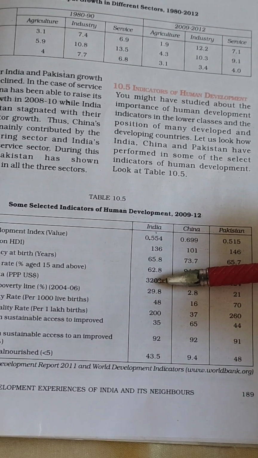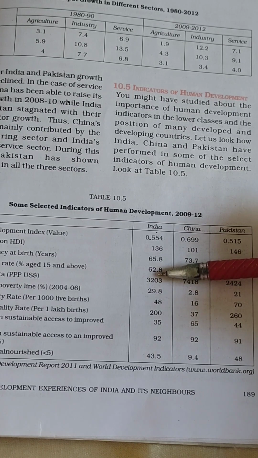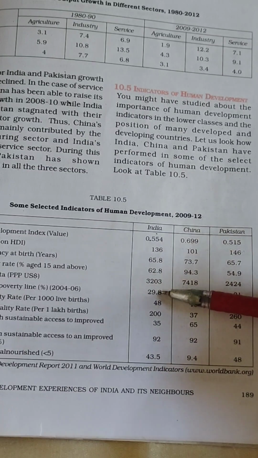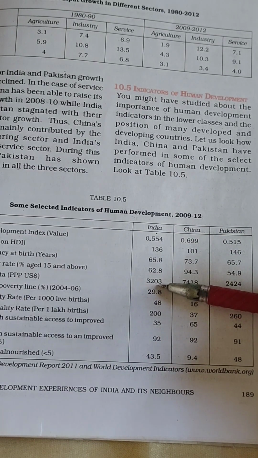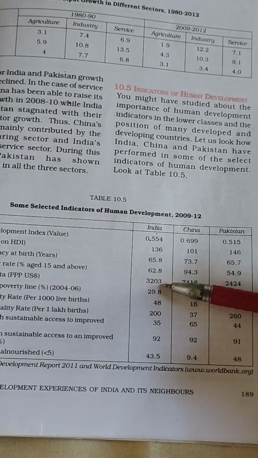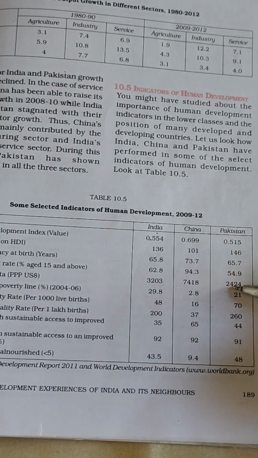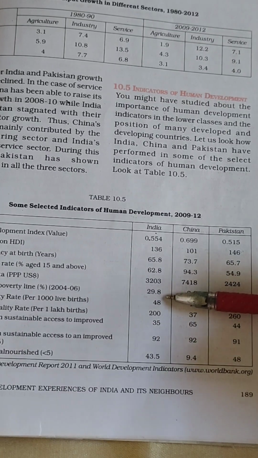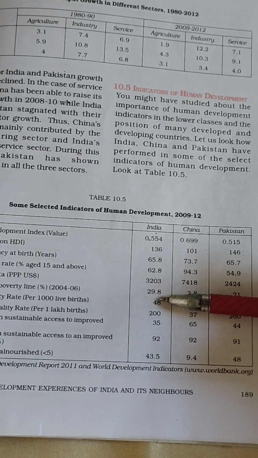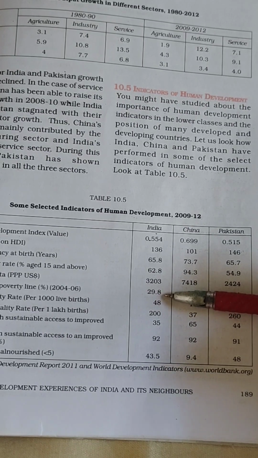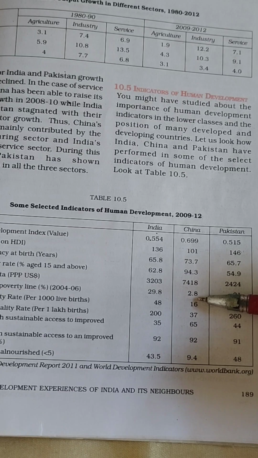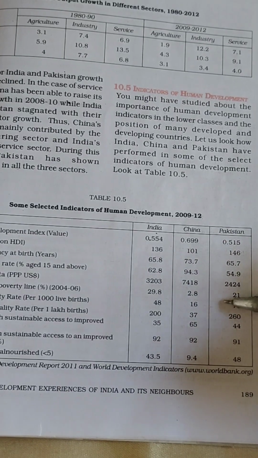Then GDP per capita, PPP, that is purchasing power parity in terms of US dollars, is 3,203 in India. In China, it is 7,418. And in Pakistan, it is 2,424. Then people below the poverty line in percentage terms for 2004-06: 29.8 in India, in China it's 2.8 and Pakistan 21.